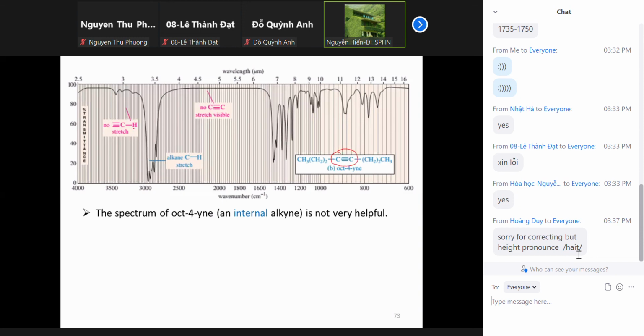So in this case, there are no C sp H bonds, so of course you don't see any signals in the range of 3,300 centimeters to the -1, because you don't have C sp H. And also in the range of about 2,100, you don't see signals, or only a very weak signal for the CC triple bond, because this structure is also symmetrical.